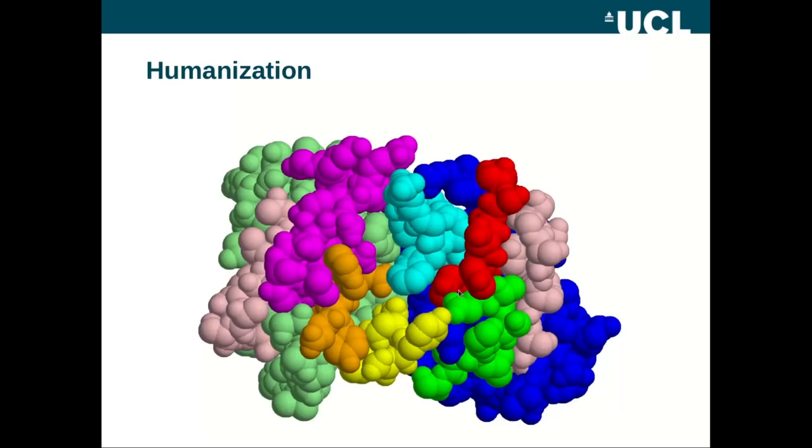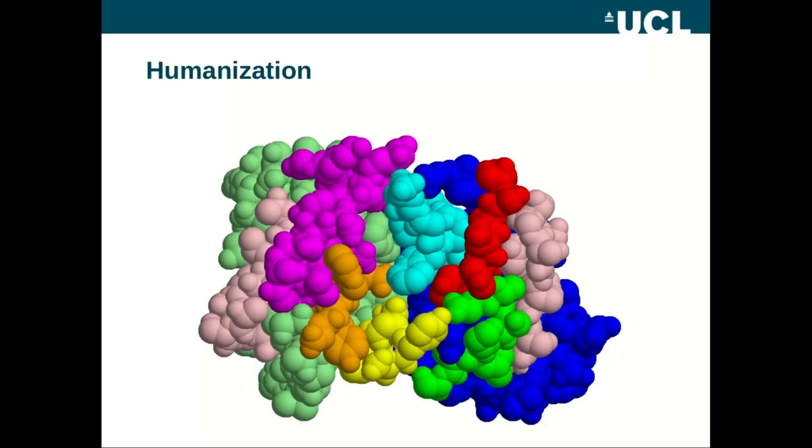There are these two other loops which don't form part of the binding site, which are shown in pink, and then the rest of the framework is shown in blue and the kind of greyish green. You can see a couple of the framework residues poking up into the binding site, but essentially it is just these loops that form that binding site.